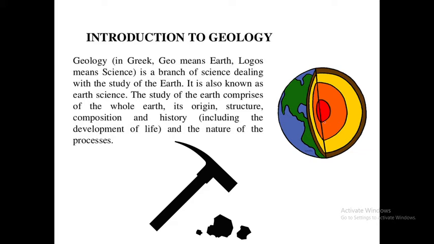Next is history, in the sense of how this thing came into existence. As we know, initially there were no life forms, but suddenly, due to various factors or phenomena, life forms came into existence. And the evolution of human beings, of various plants, of various animals, everything came into existence in this path.